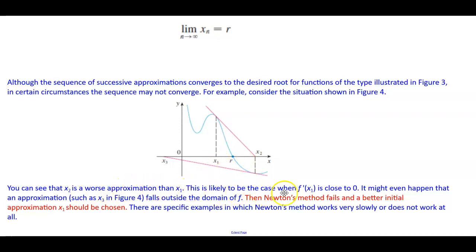This is likely to be the case when the derivative at x1 is close to 0. It might even happen that an approximation, such as x3 here, falls outside of the domain of the function. Then Newton's method fails, and a better initial approximation x1 should be chosen. There are specific examples in the homework in which Newton's method works very slowly or does not work at all.